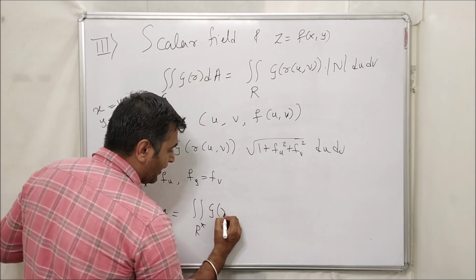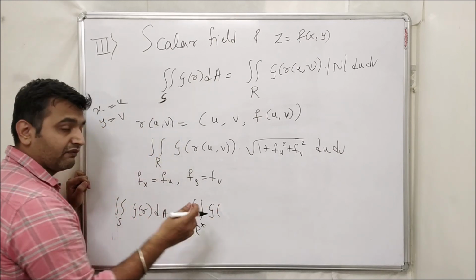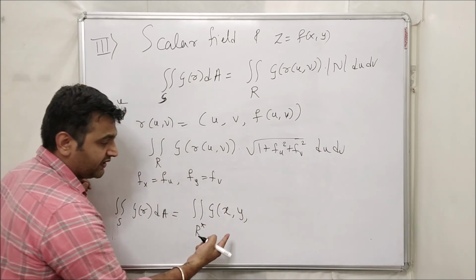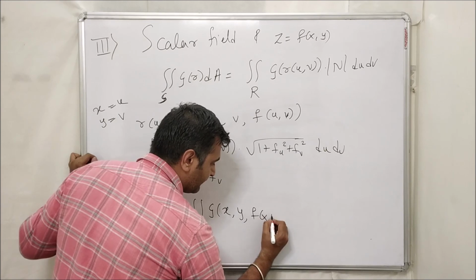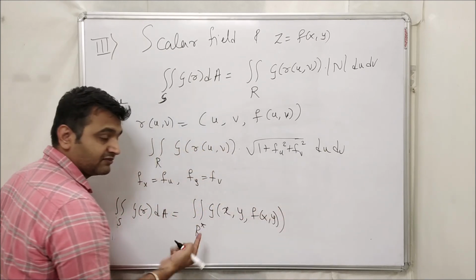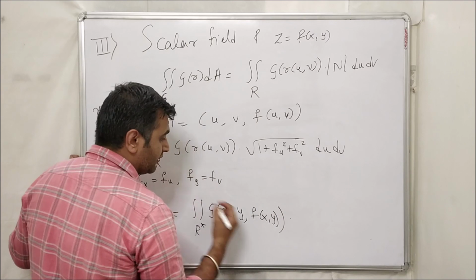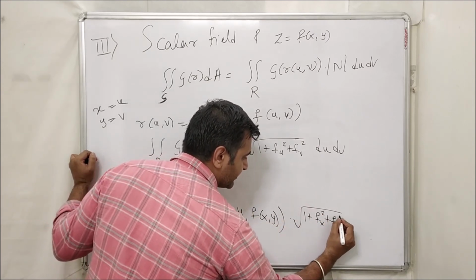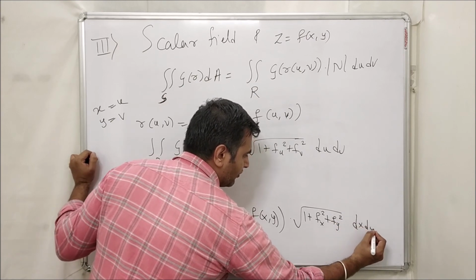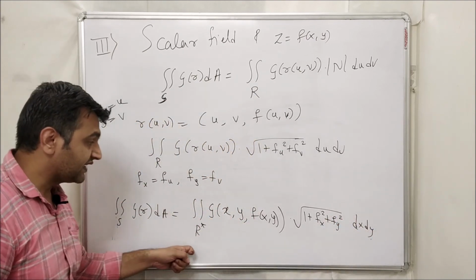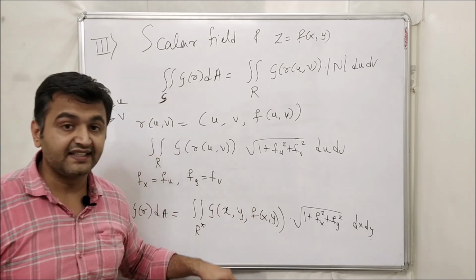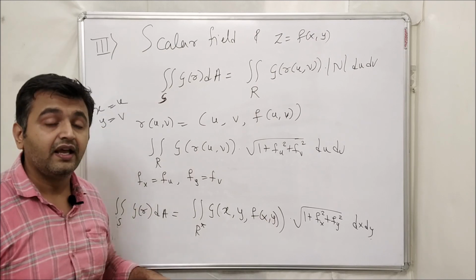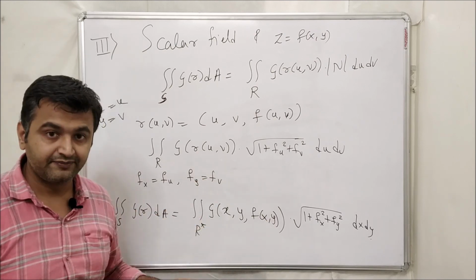This is g of x, y, where wherever I have z, I replace z by f of x, y, so this will be something in terms of x and y only, times mod n, which is the square root of 1 plus f with respect to x squared plus f with respect to y squared, dx dy or dy dx. What is R star? It is the projection of the surface in the xy plane. You see the projection of the surface in the xy plane, that is your R star, and according to that projection you find the limits.